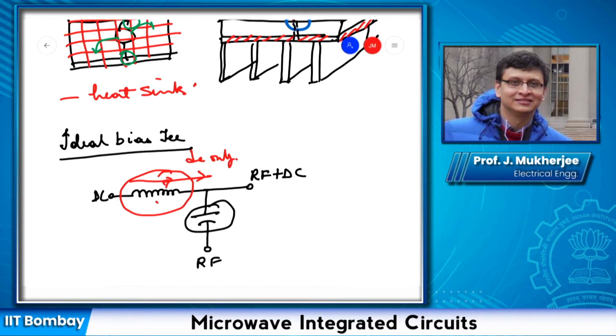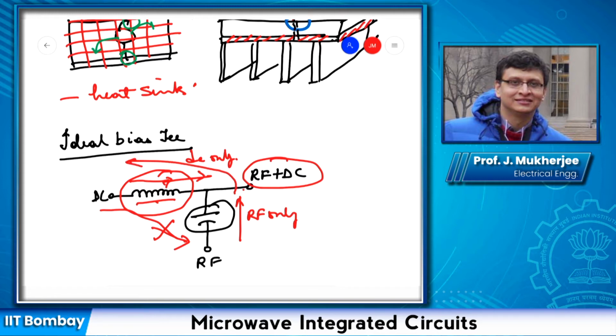Similarly, if we have a very high capacitor value, it will allow only RF to pass through it. And so at the end, we will have RF plus DC, and this being a very high value capacitor, the DC will be blocked along this path. Similarly, this being a very high value inductor, RF will be blocked. As a result, at this end, we will get only RF plus DC. So this is what is known as a bias T.